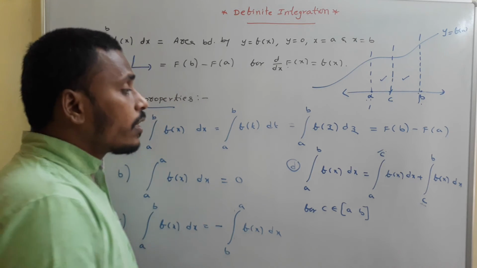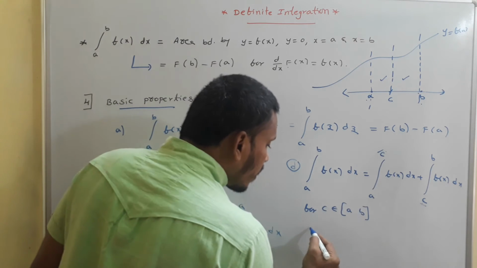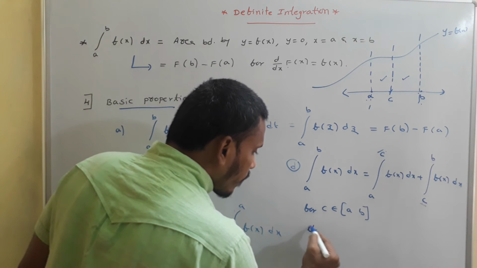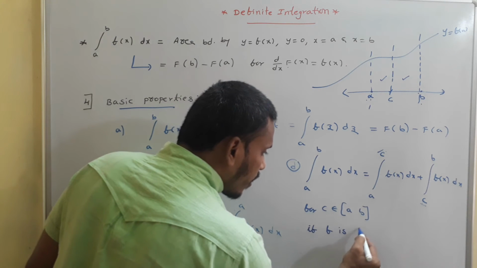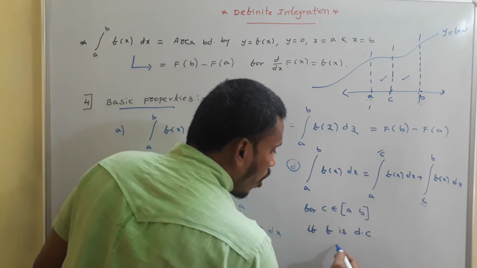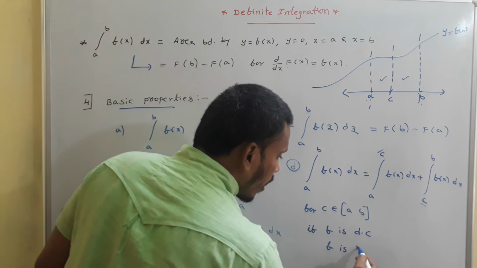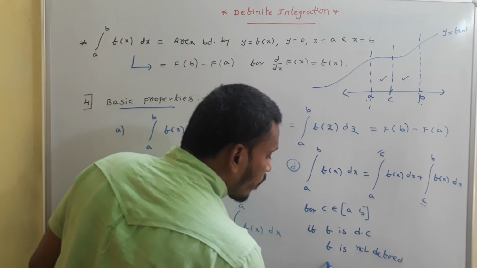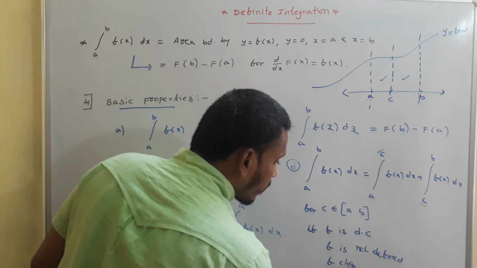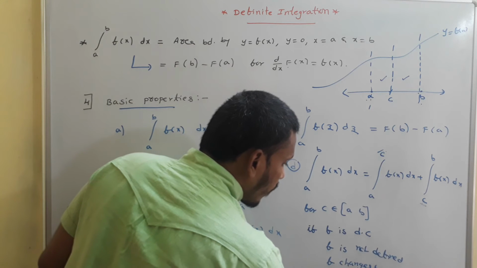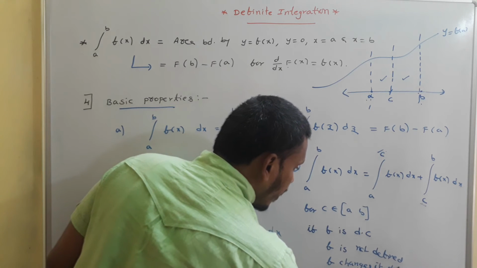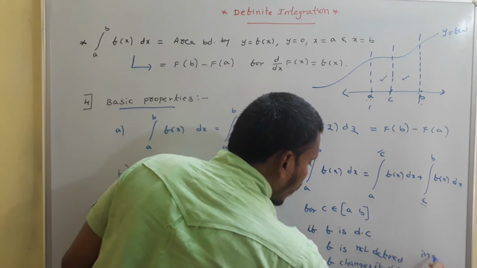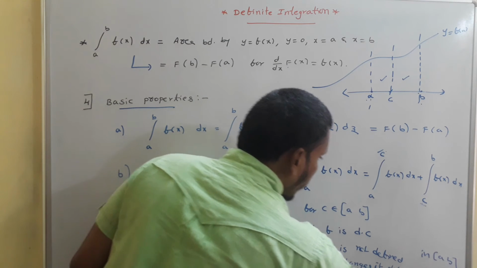Okay, so splitting is required if the given function is discontinuous, or if the function f is not defined, or if the function changes its definition in the closed interval ab.